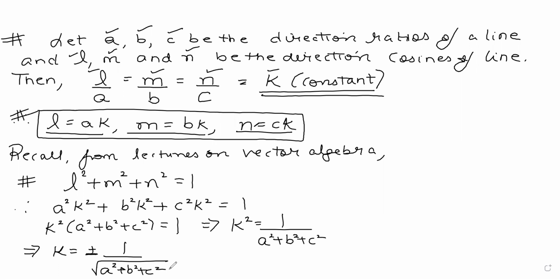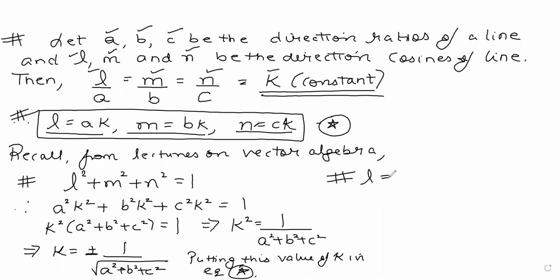Now if I put this value of K in these equations, what do I get? Suppose this is equation star. Putting this value of K in equation star, what do we get? L is equal to plus minus A upon under root A square plus B square plus C square.